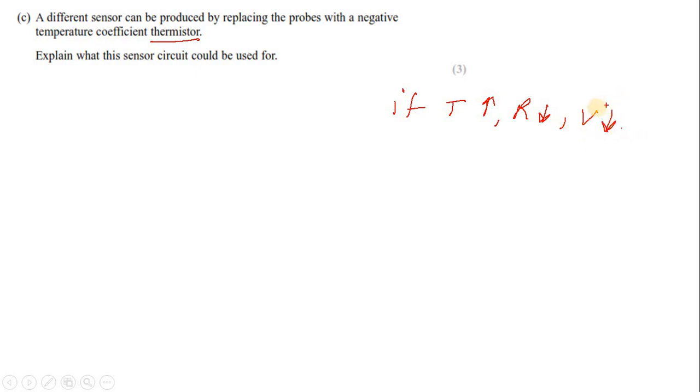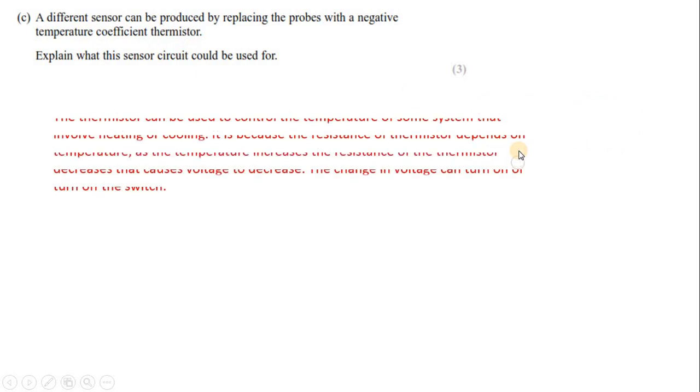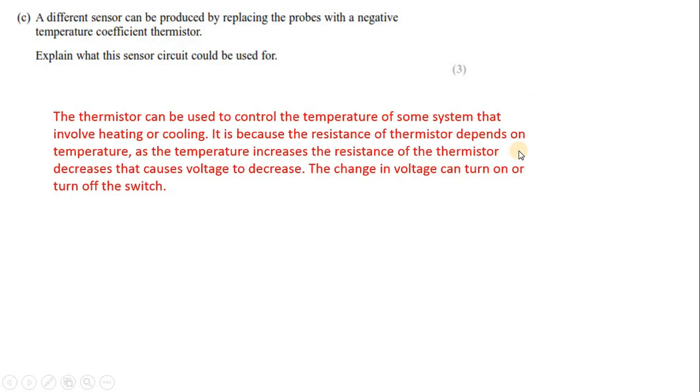That means if voltage is changing due to some other factor, this thermistor can be used in a circuit which controls temperature or the amount of heat. That's how we can use a circuit containing a thermistor to control the temperature or heating process. Any type of heating or cooling system, we use a thermistor.